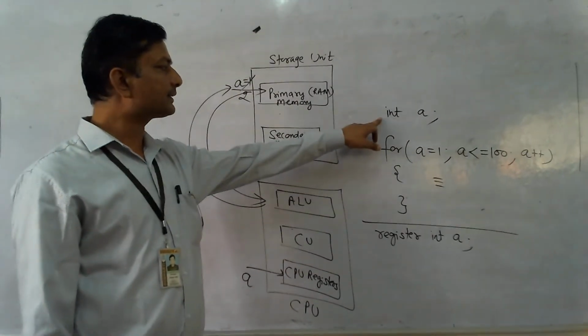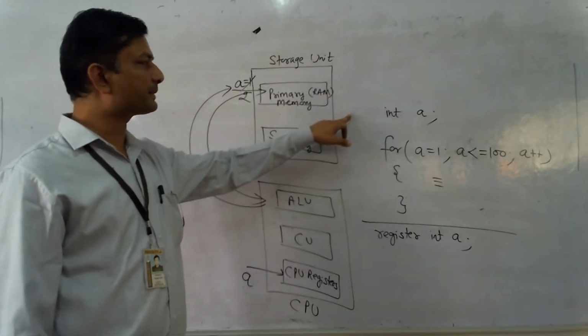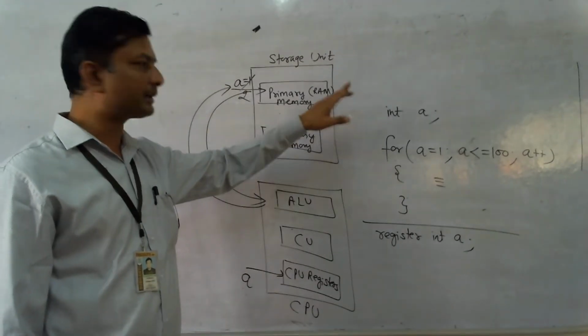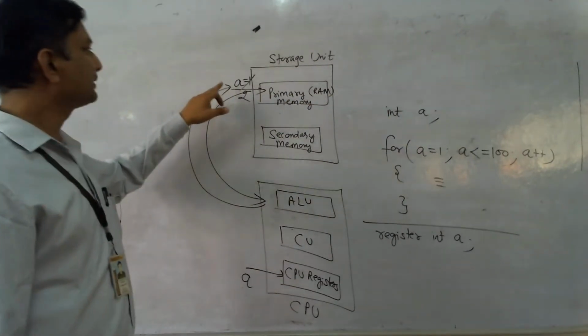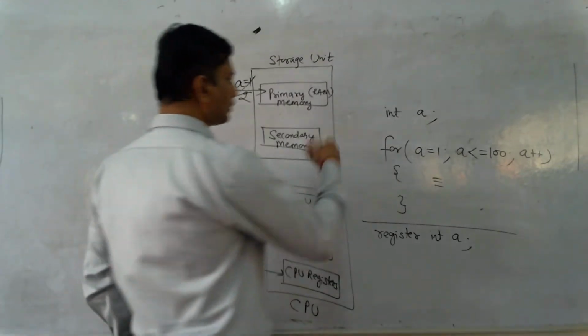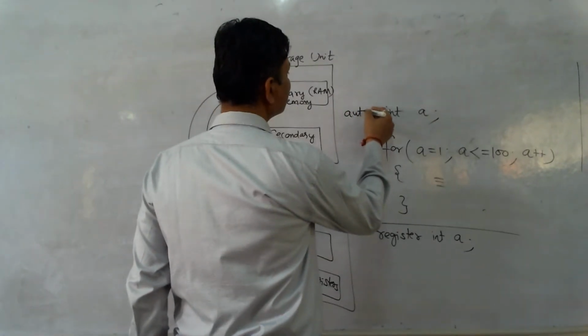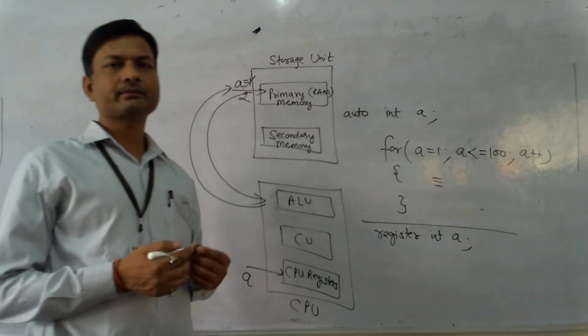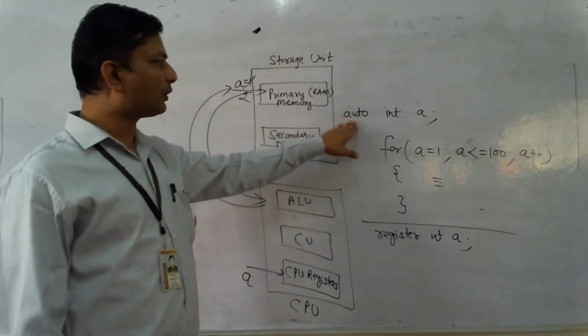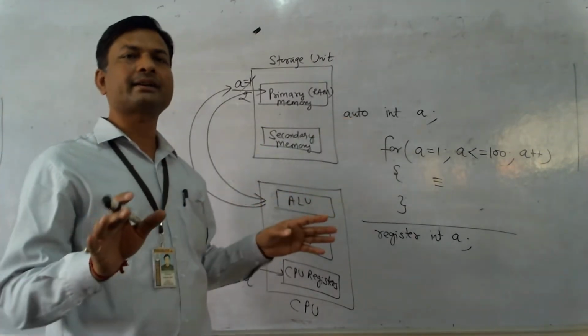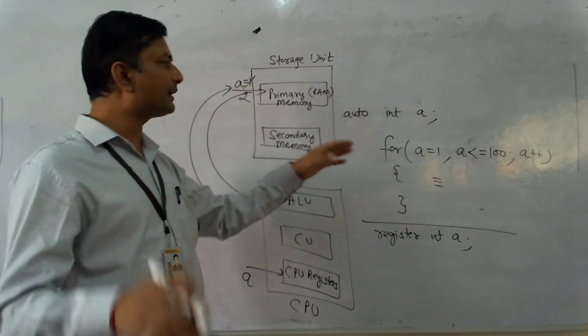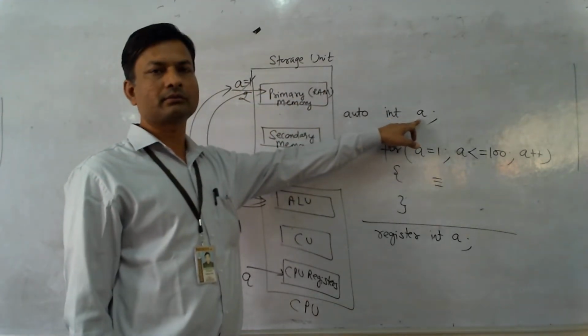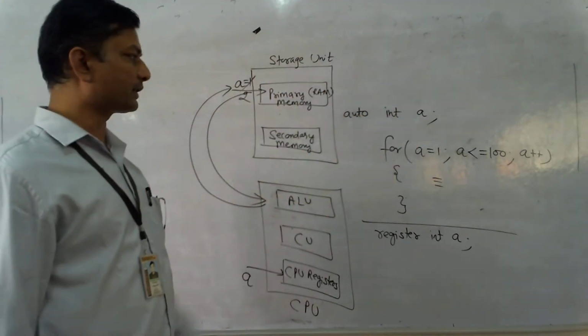In this case, we have not specified the name of any storage class. It means A will occupy space in RAM. Or we can also write auto over here. If we write auto, or if we do not write any storage class, automatically this variable will belong to automatic storage class.